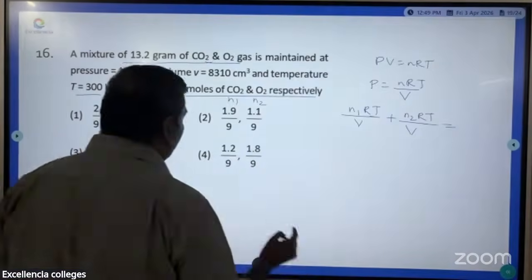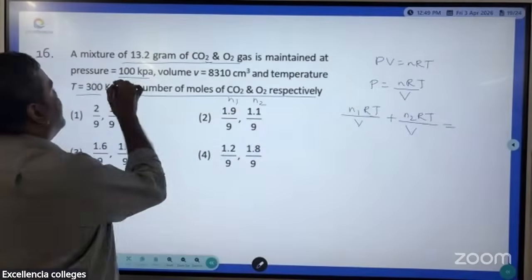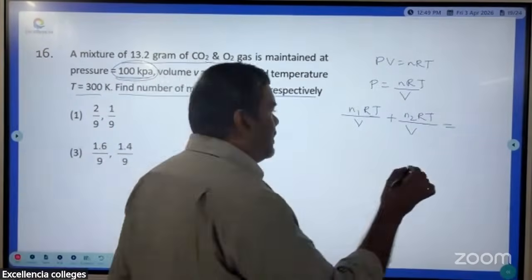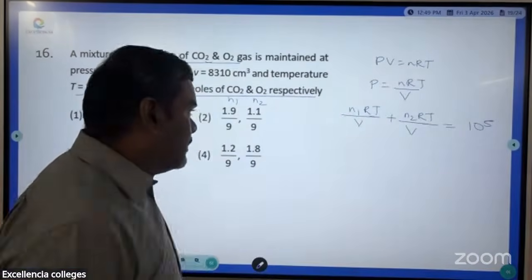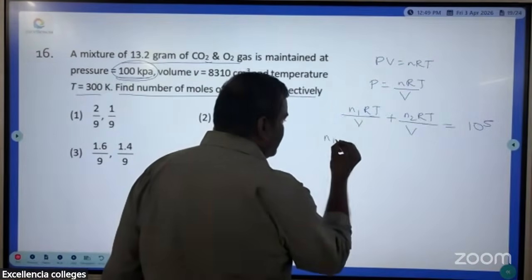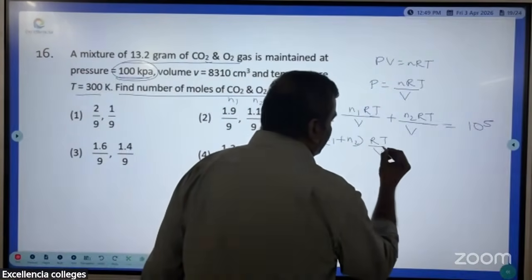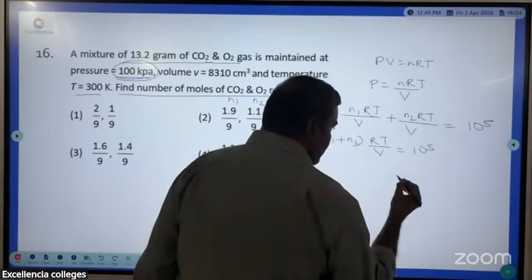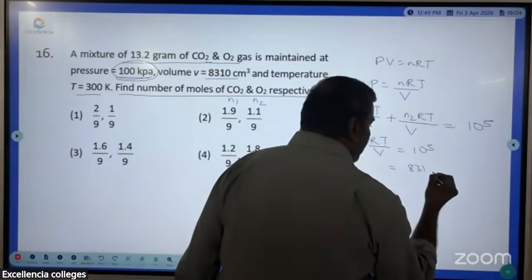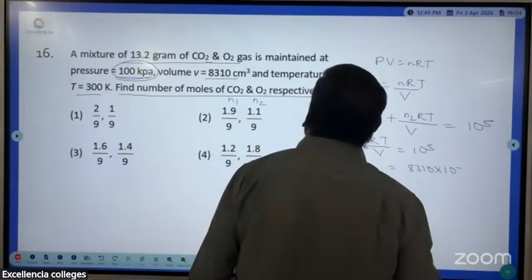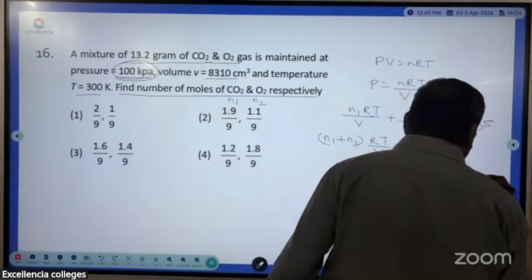According to the law of partial pressures, the sum of the pressures is equal to the net pressure, which is 100 kilopascal. I will write 100 kilopascal as 10 to the power 5 pascals. So N1 plus N2 into RT by V equals 10 to the power 5. V is given in the question as 8310, so we write 8310 cc. cc is 10 to the power minus 6.